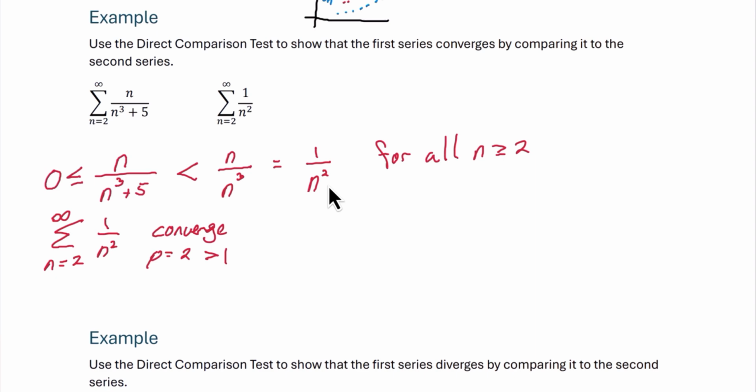And we know that when p is bigger than 1 for the p-series, we have a convergent series. So that tells us that the original sum, n equals 2 to infinity, that series must be convergent. This converges.